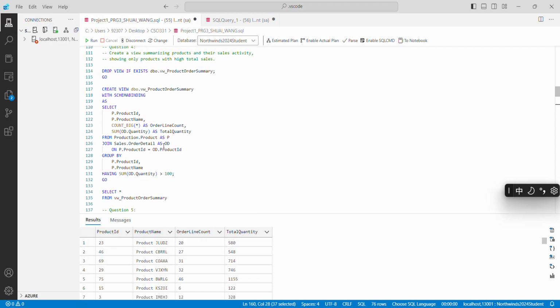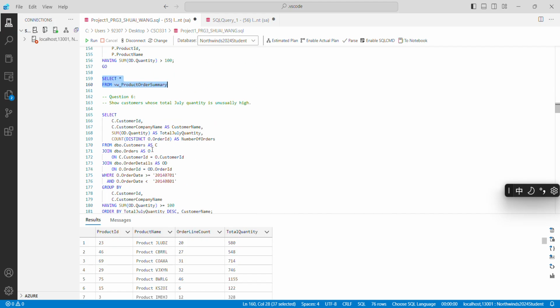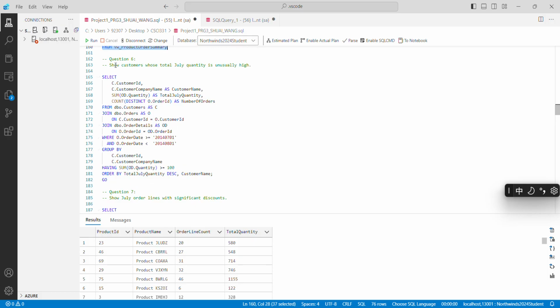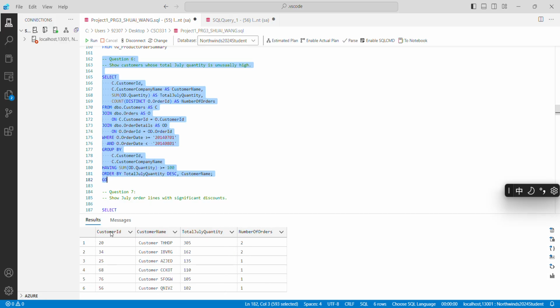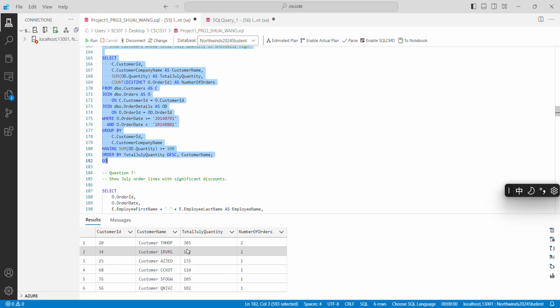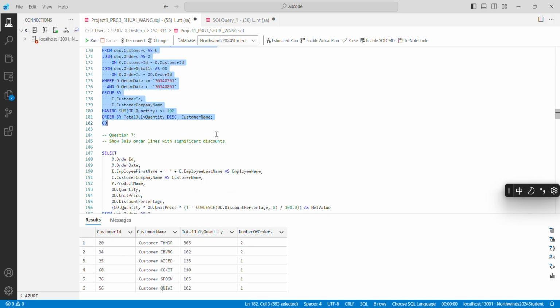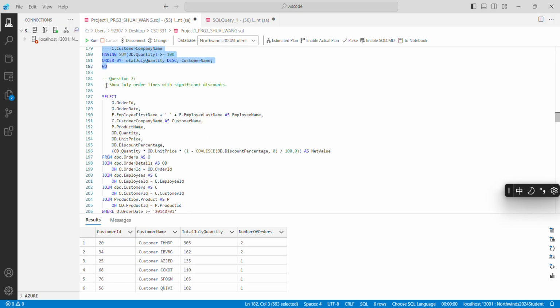Question 6: customers whose total jewelry quantity is unusually high. Question 7: jewelry order lines with significant discount.